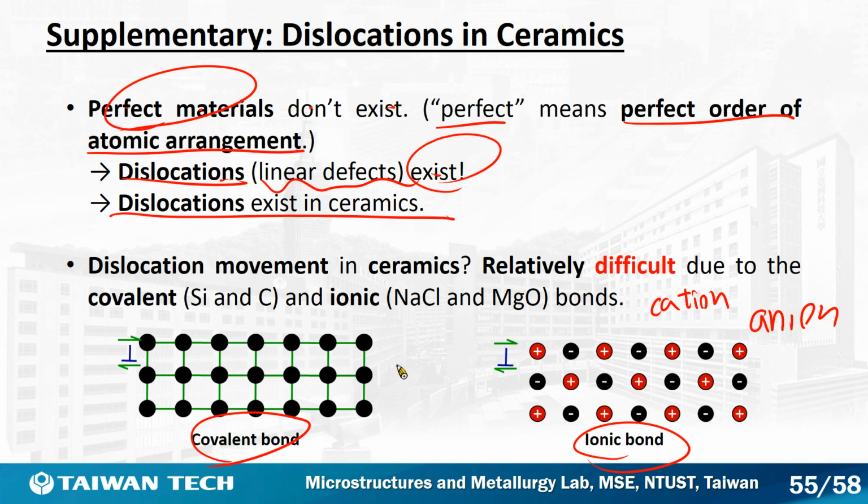For covalent bond, it could be, for example, carbon bond and silicon. It will be hard because the covalent bond and ionic bond are very strong. So when a dislocation must move in the material, we will have bond breaking and reforming of the bond. So dislocation motion in ceramics will be harder compared to the one in metals.